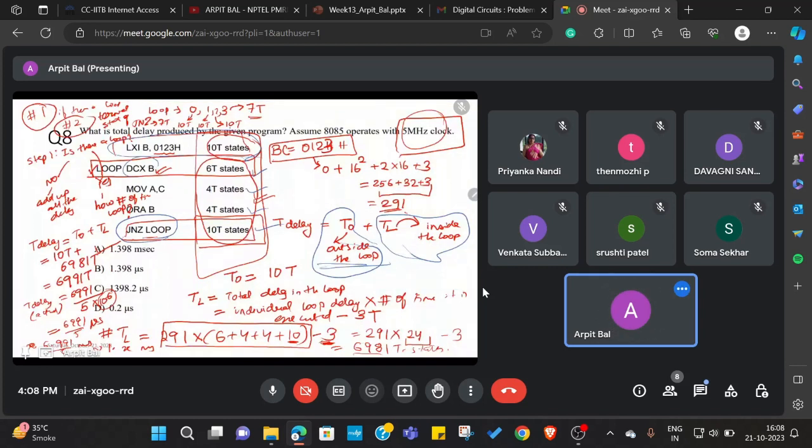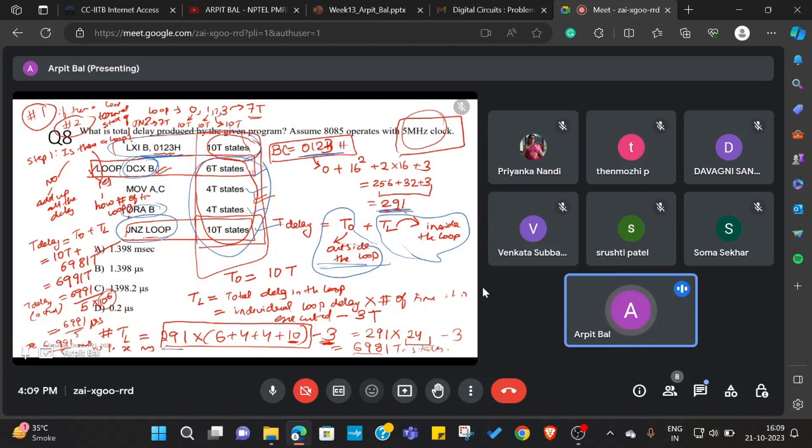That depends on the content of the BC register. The content of BC register is 0123, that stands for 291. So it means this loop will be executed 291 times, right? So 291 times the delay of the internal loop is the total delay inside the loop.